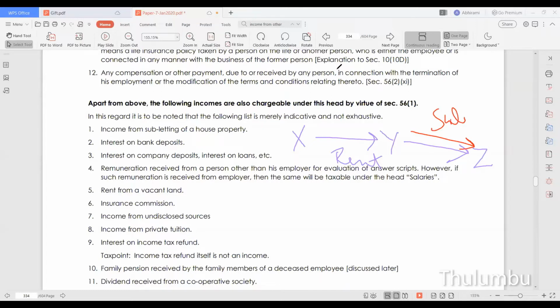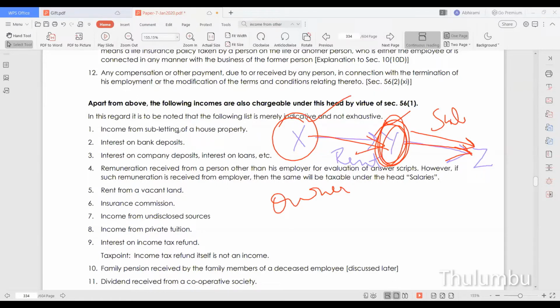Because from X to Y, X is the owner of the property. So the rent from X to Y is taxable as house property income. Here Y is not the owner. So the rent received will not be considered as house property income. It will be considered as other source income.